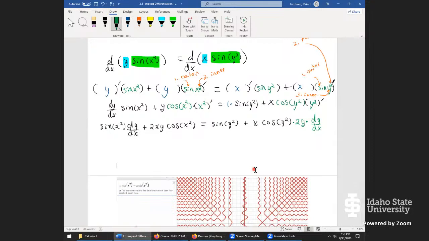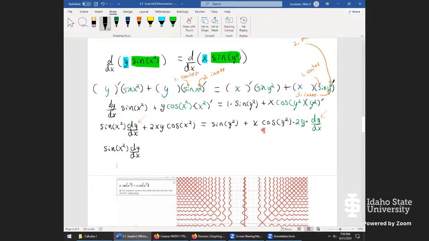Okay, so my goal is to get dy dx, which appears here and here, onto just one side of the equation. So I'll keep this one right where it is. I'll subtract the x cosine y squared 2y dy dx from both sides of that equation. So it's sine x squared dy dx.